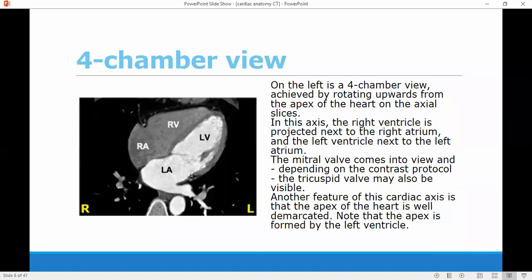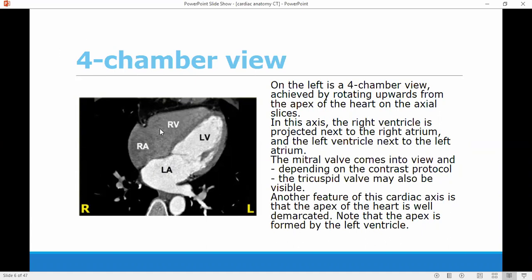For the 4-chamber view, on the left is a 4-chamber view achieved by rotating upwards from the apex of the heart on axial slices. يعني هو ما يطلع هالشكل بالاكسيال سلايد، نسوي rotation upward نحصل على 4-chamber view. In this axis, the right ventricle is projected next to the right atrium.